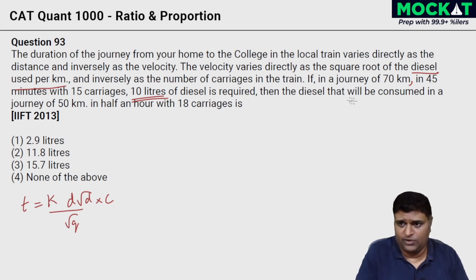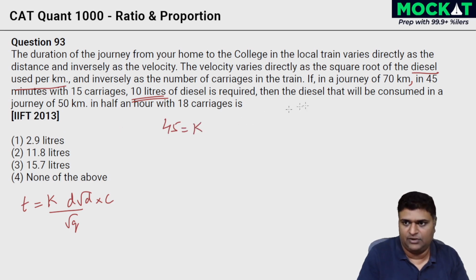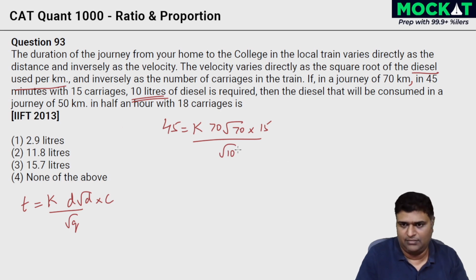Now coming back to the question, in a journey of 70 kilometers, in 45 minutes with 15 carriages, T is 45, so 45 equals K into 70 root 70, and 15 carriages into 15 divided by root Q. Q is the quantity of diesel, that's root 10.